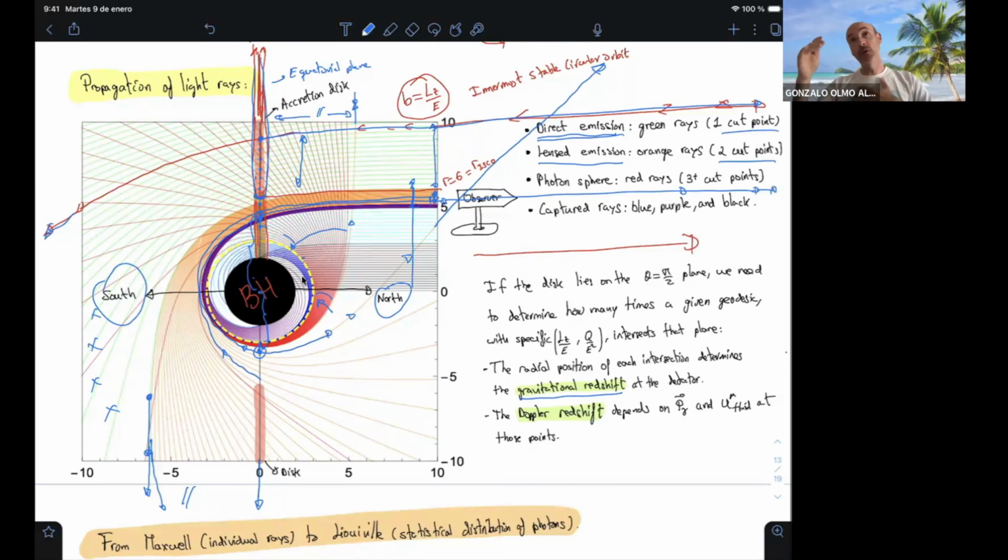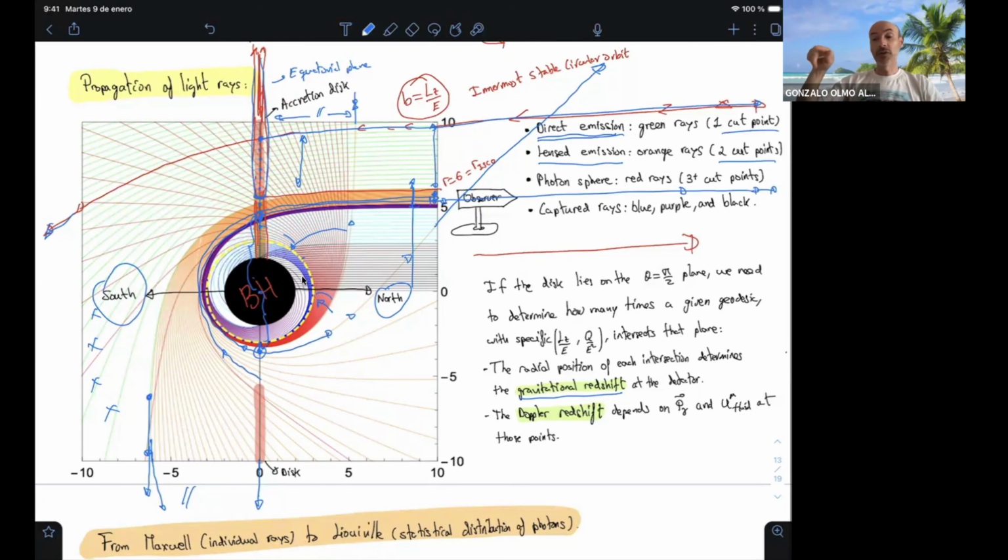And I was discussing the gravitational redshift, because it depends on the radial position of the photon when it hits the equatorial plane. But we can make the accretion disk more realistic, and instead of assuming that those particles are static, we can add some movement to those particles on the accretion disk.